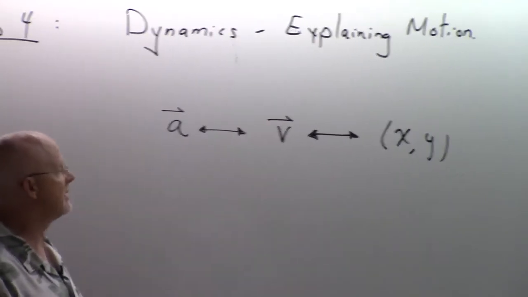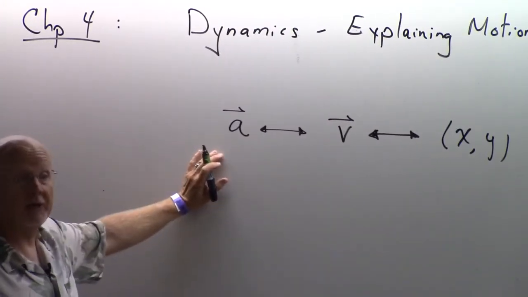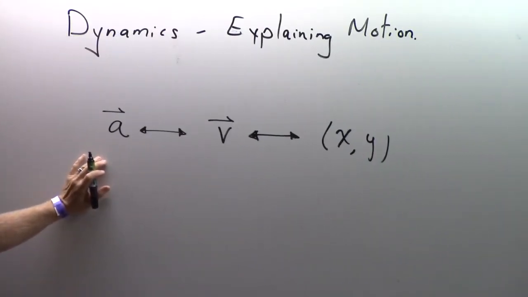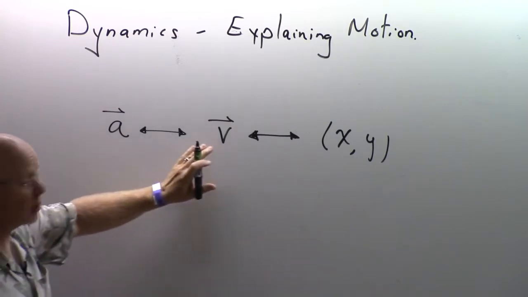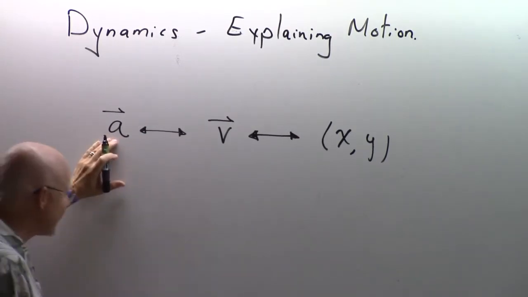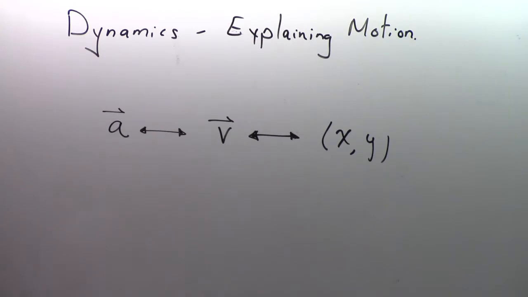I'm going to say the same thing with our acceleration: if I took the derivative of velocity, I would get acceleration, or if I took the antiderivative of acceleration, I'd get velocity. And again, that was part of our kinematics equations.